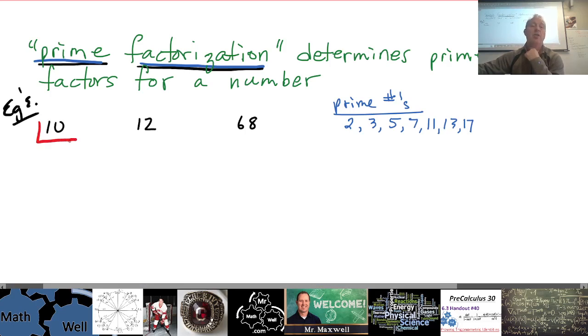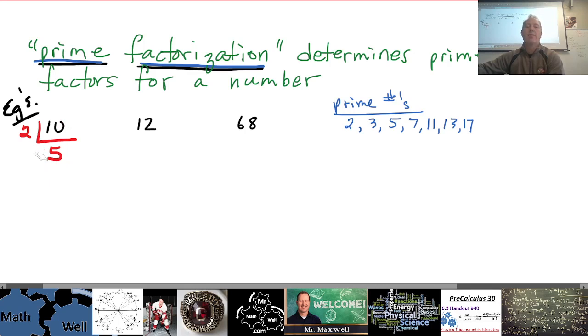It's like a little L underneath the number. And you can divide 10 by 2, and you put the smallest prime factor that you can divide by on the side there. And then 10 divided by 2, you put the quotient, or what that equals, under here. Now, you keep doing this until you get a prime number that's also underneath the original number. And so here's where we stop.